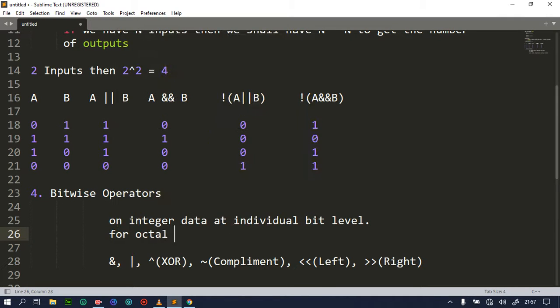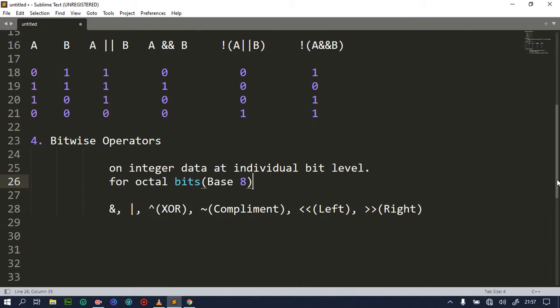Octobits means that we are handling what we call base 8. We are handling bits but under base 8. So that is where we truly need bitwise operators. Why would you need them? Because you're handling testing, setting, and shifting of bits at that particular level.